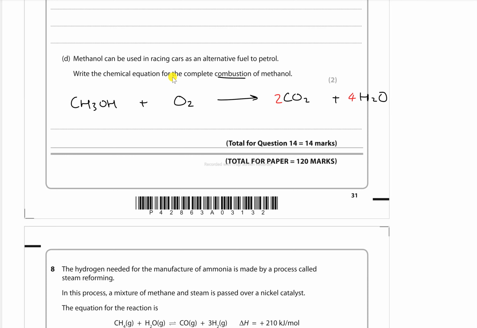By the time you've balanced it, you will get this. 2 carbons, 2 carbons. 4 times 2 is 8 hydrogens. Oxygen, we've got 2 oxygens, 3 times 2 is 6, so that's 8. 4 oxygens there, so 8 and 8, it balances out. Done.